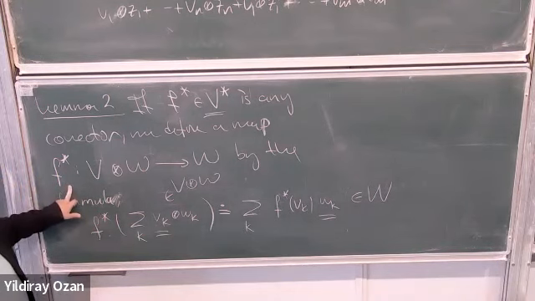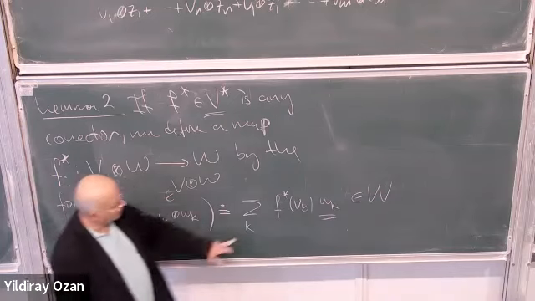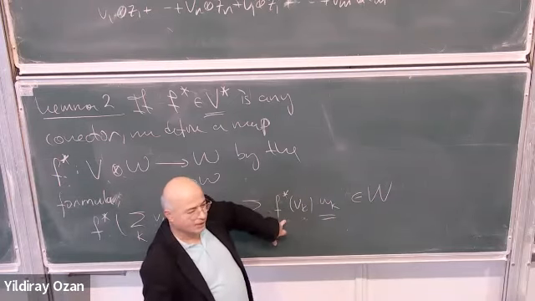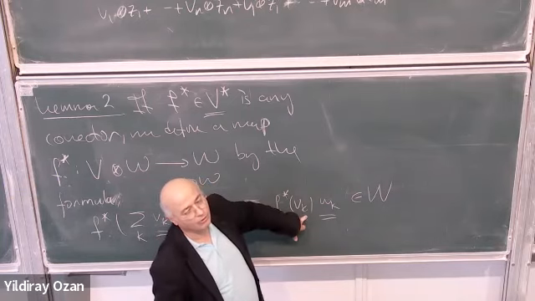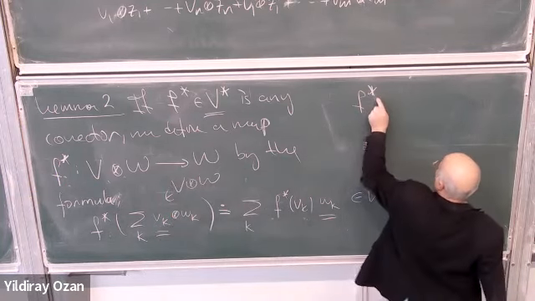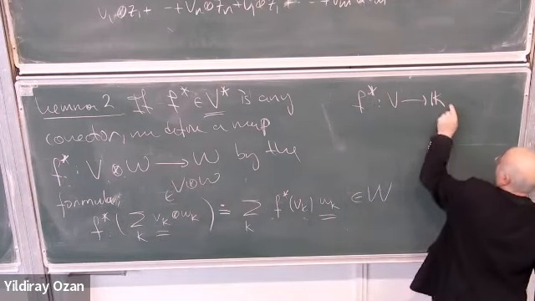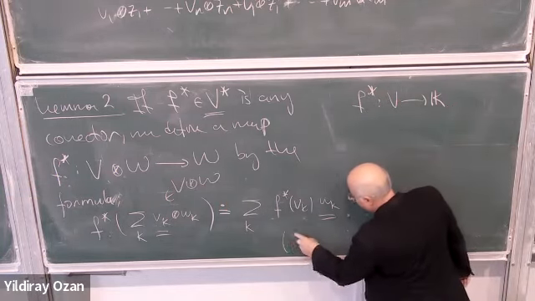You are right. Here, this is defined on this object, but then I just use this thing, so it's a map from V to K. Yeah, you are right, there is abuse of notation here.